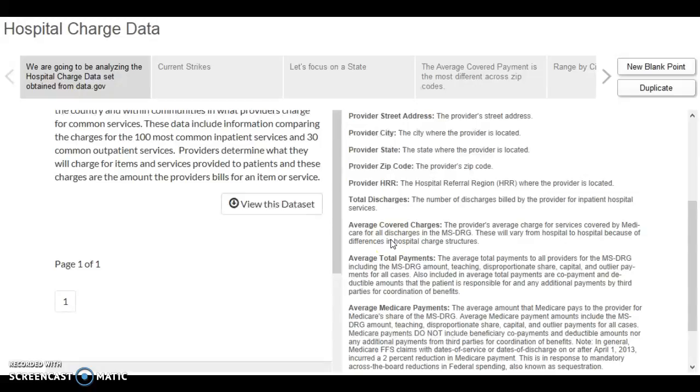This is the provider's average charge for services covered by Medicare for all discharges in the MS-DRG, and these vary from hospital to hospital because of differences in hospital charge structures.